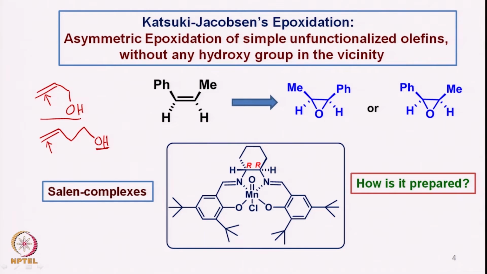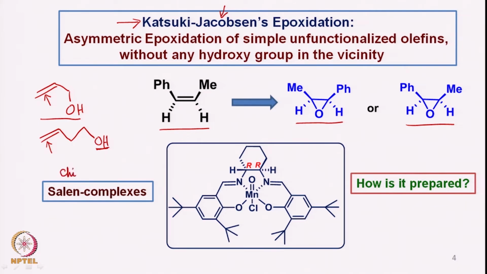Worse, or even more difficult, is epoxidation of such kind of olefins which are not functionalized, and how to carry out epoxidation to give the epoxide either this or this, they are basically enantiomers of each other. Now, in this respect Katsuki and Jacobsen, at almost the same time, developed a method of epoxidation of these olefins using chiral salen complexes.